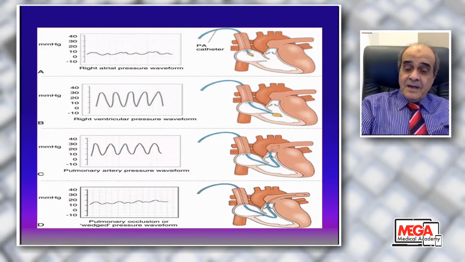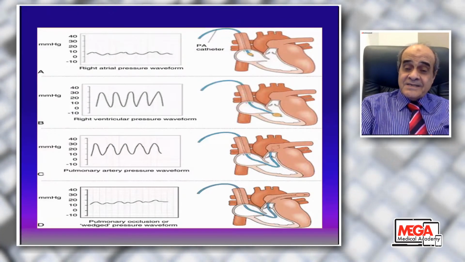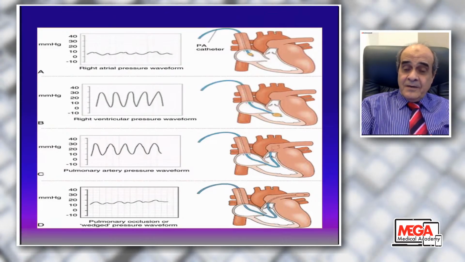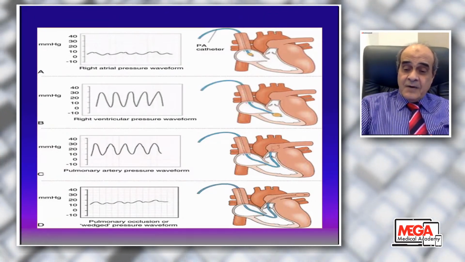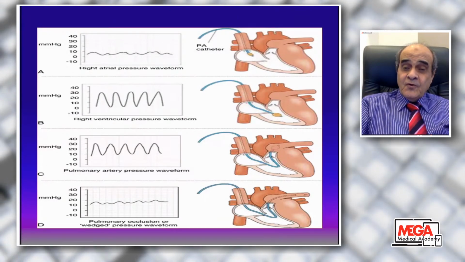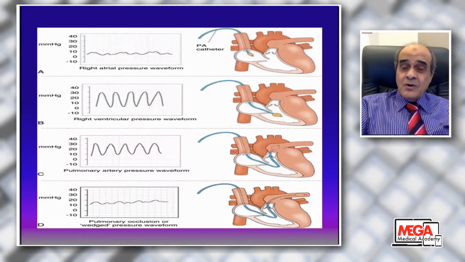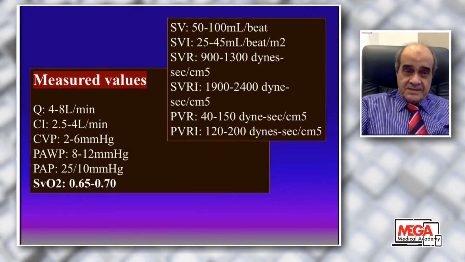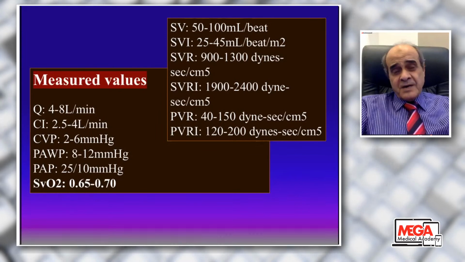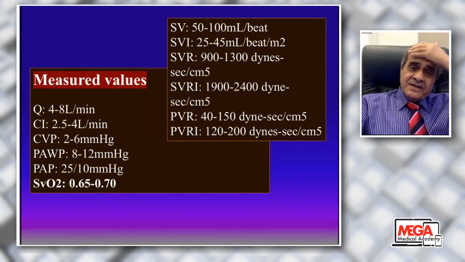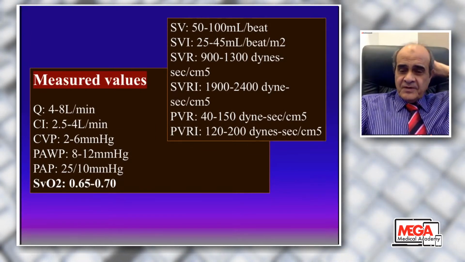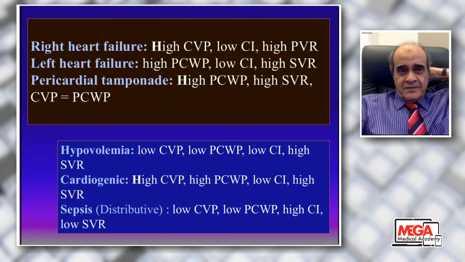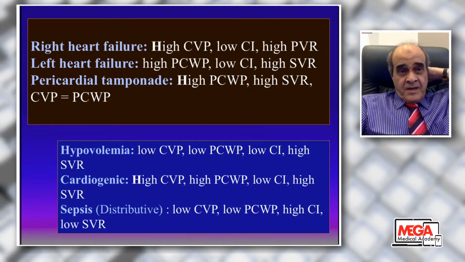So it is good for evaluating the constituents of the cardiac output and guides you on how to manage low blood pressure or low cardiac output states. These are the normal values which you must be oriented with, and so I ask you to return to this reference to know.